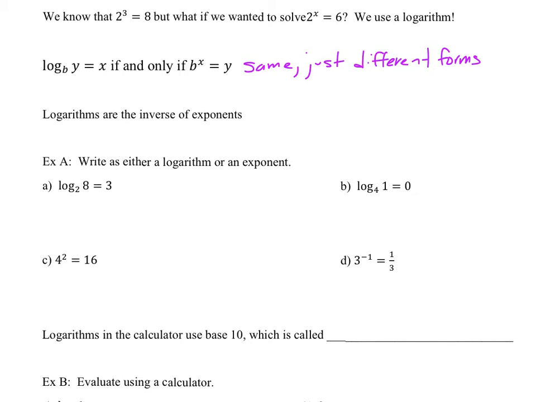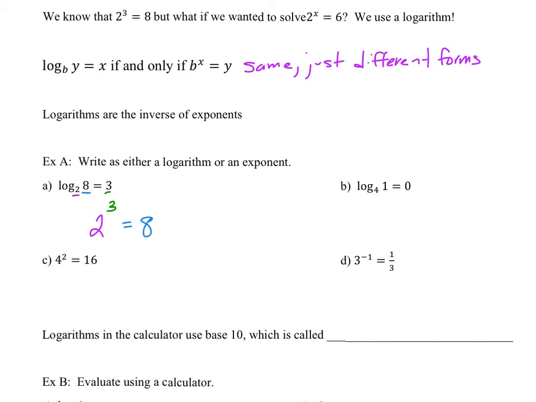So for example, part A, we have log base 2 of 8 equals 3. I always start with my base of my logarithm being the base of my exponent. Then I remember that I'm solving for exponents. The 3 is the exponent, and the 8 is what it's equal to.